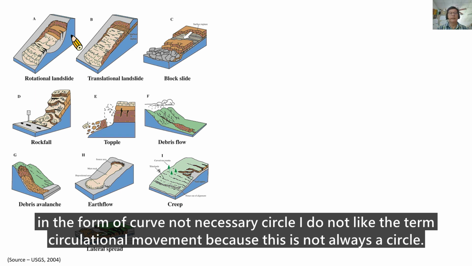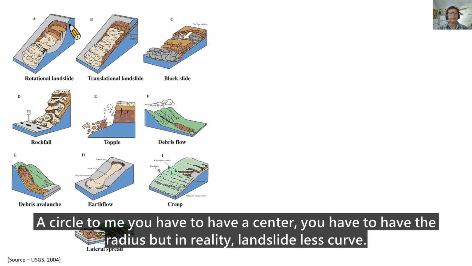I do not like the term circular movement because this is not always a circle. A circle, to me, you have to have a center and you have to have the radius.